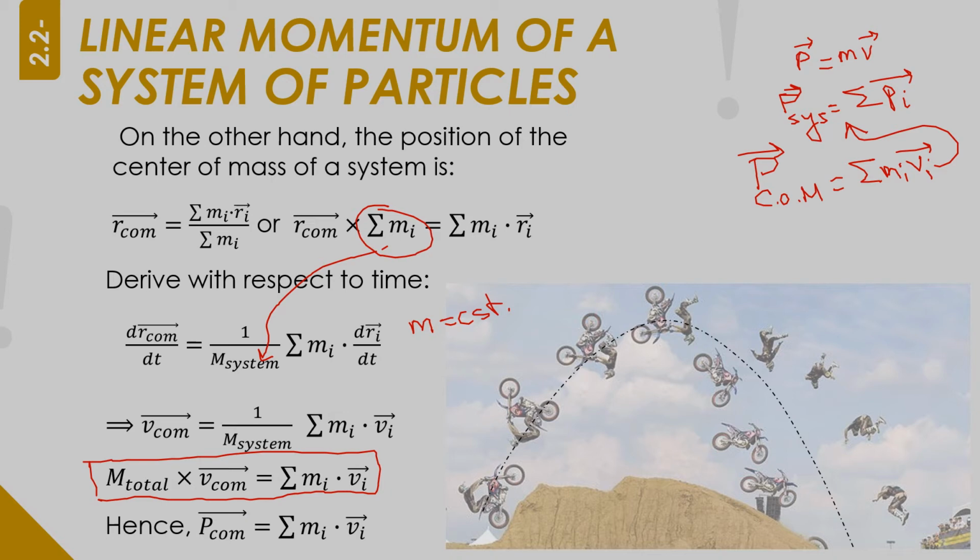Instant by instant, if we draw the velocity vector of the system, which is composed of both the cyclist and the motorcycle separated, together they produce the same velocity vector, or to be more accurate, the same linear momentum vector. By this, we will be able to determine or foresee the motion of the cyclist or the motorcycle depending on the other's motion. Okay?